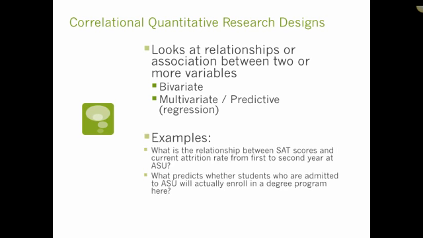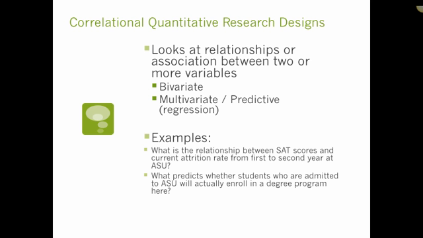So what does that look like in terms of research questions? An example of a correlational research question would be, what is the relationship between SAT scores and current attrition rate from first to second year at ASU? So you go collect information from student records maybe on their SAT scores, and then look at the relationship between SAT score and attrition rates.